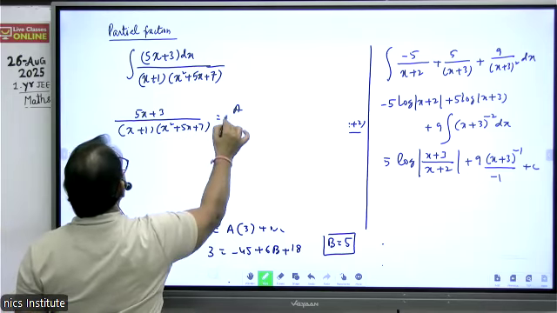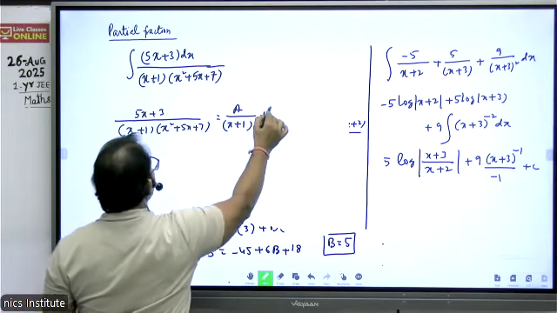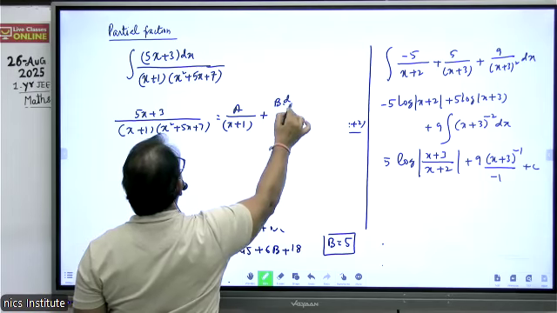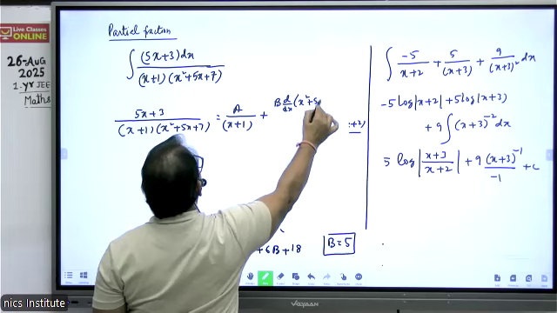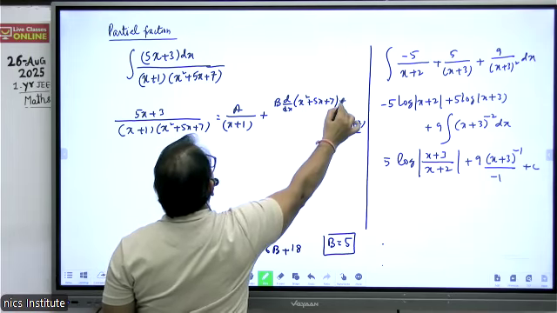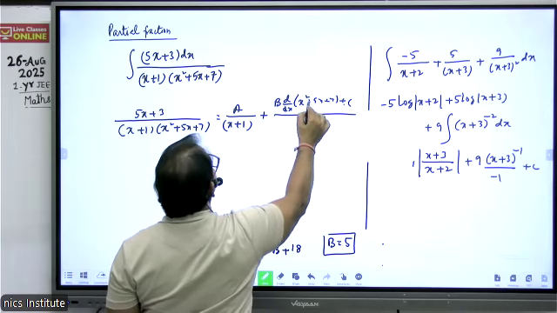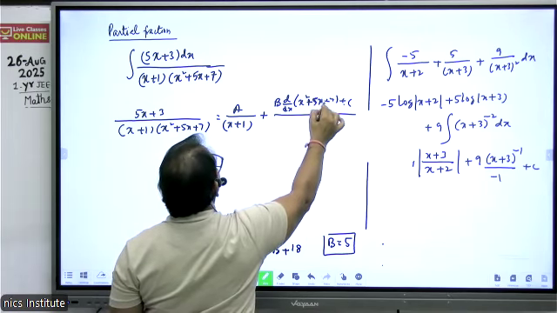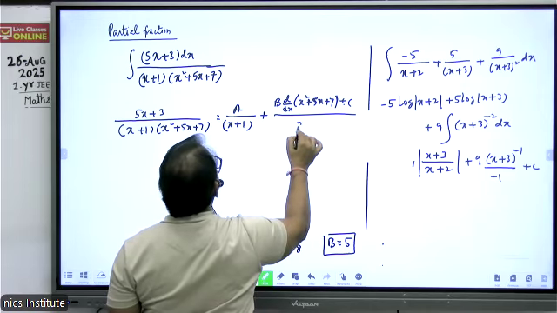A divided by linear factor plus B into differential of the quadratic plus C, divided by the quadratic factor.